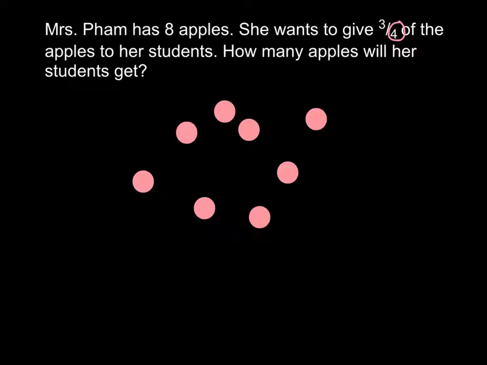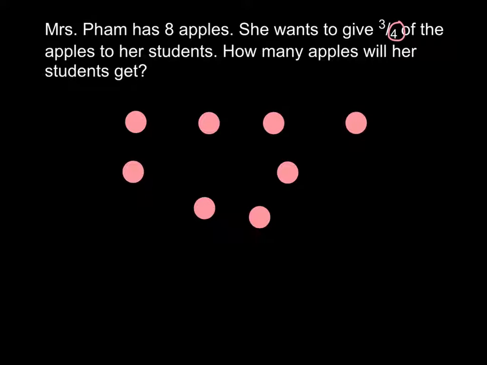So I'm going to arrange my circles so it's easy to divide them into 4 groups. In other words, I'm going to make an array of 4 times 2. So 1, 2, 3, 4, 1, 2, 3, 4. Okay? And so I've got my 8 apples here represented by 8 pink circles.